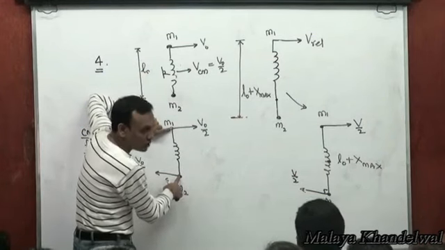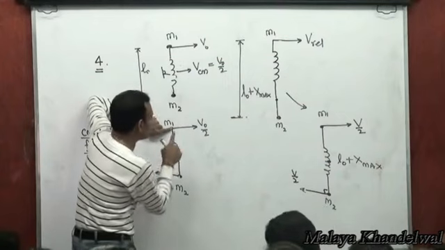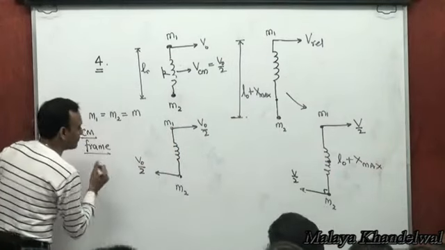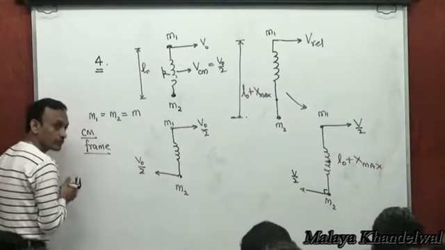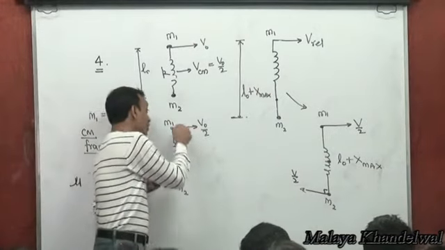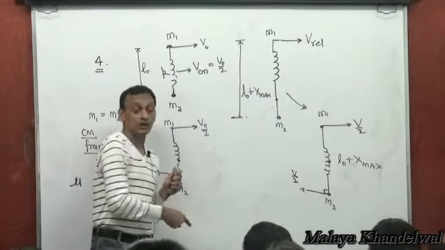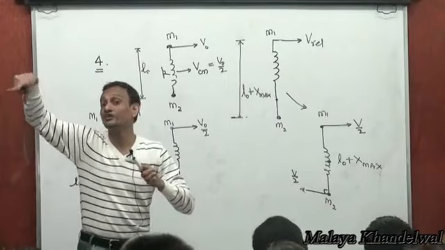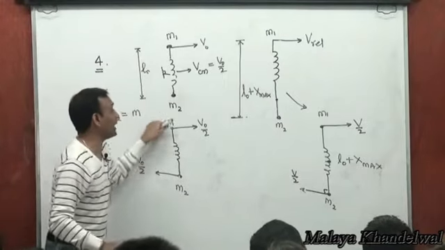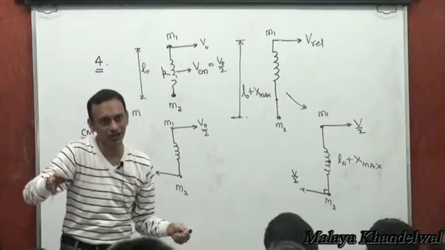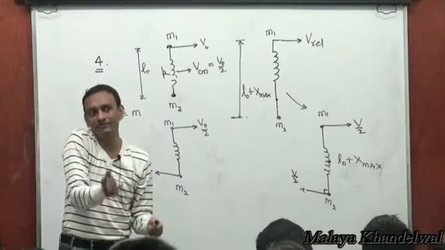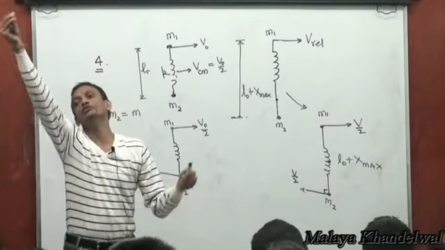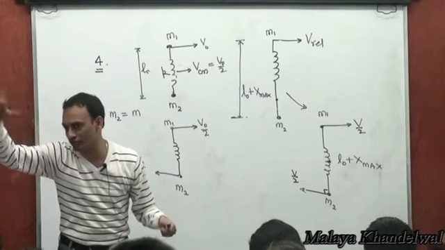So the angular momentum about the center of mass is going to be the reduced mass mu of m1 and m2 into r12 cross v12, but r12 and v12 are perpendicular to each other. So the magnitude of the angular momentum would be magnitude of r12 into magnitude of v12, the velocity of one with respect to the other.